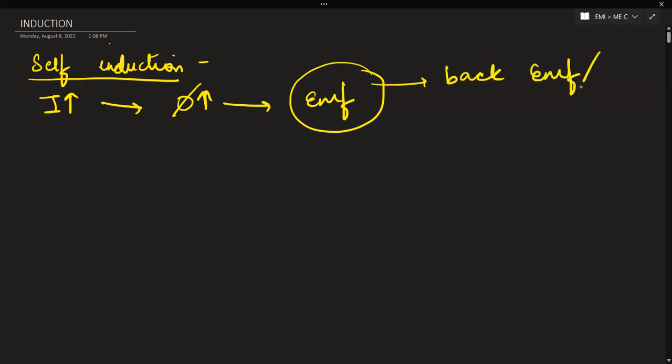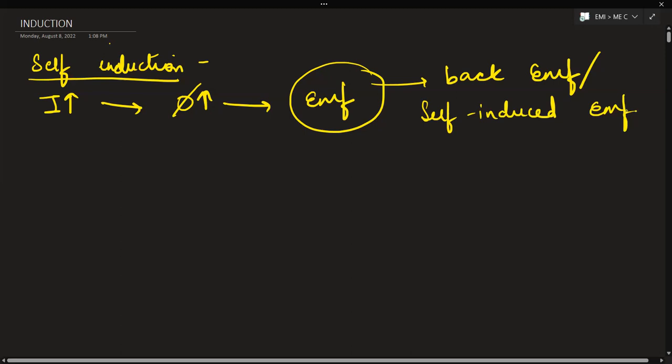There is one more name for it: self-induced EMF. Back EMF or self-induced EMF. EMF got induced because of the change in current.